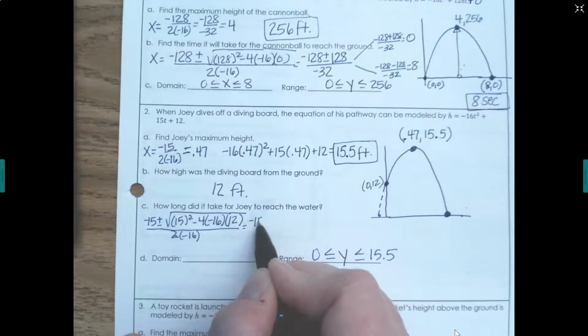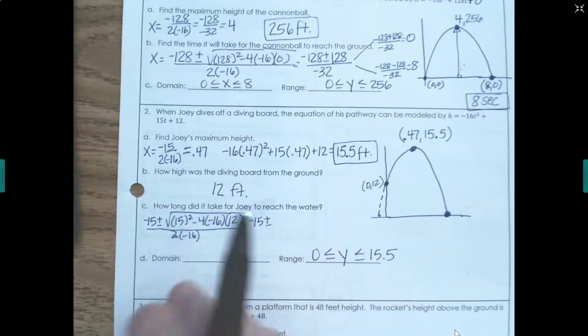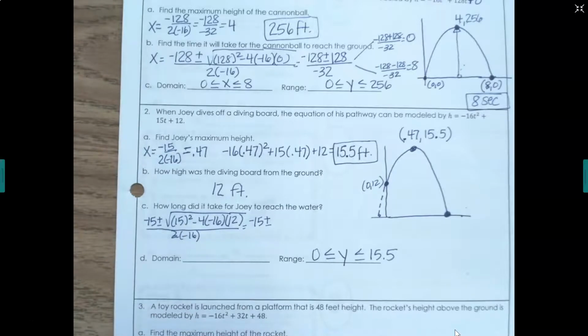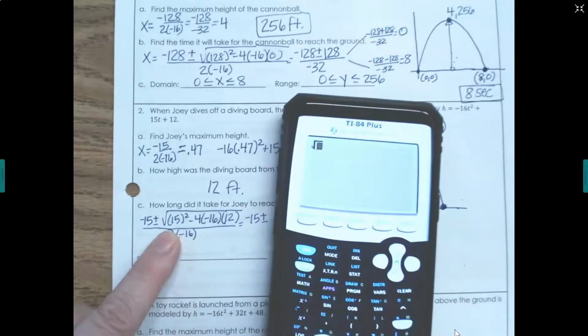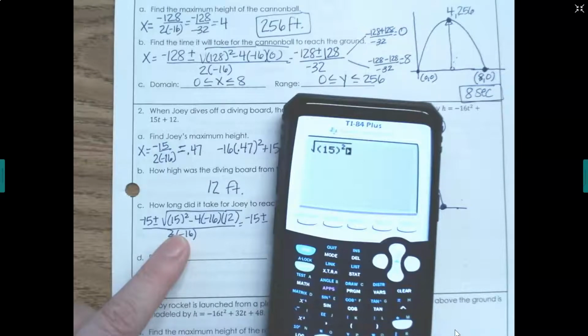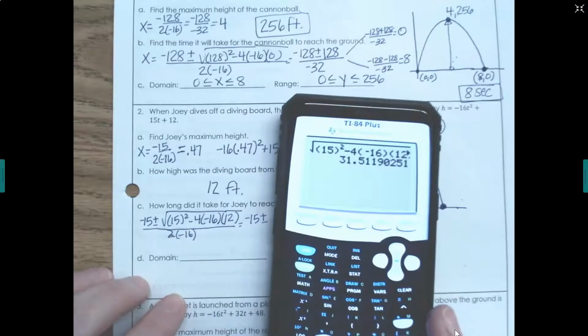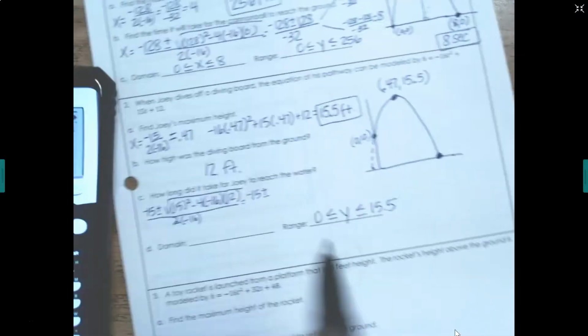So I have negative 15 plus or minus. Let's find out what that number is going to be. So we'll grab our calculator, and we're going to put the whole thing in. We're going to say the square root of 15 squared minus 4 times a times c, and that number is 31.51. Well, we don't need the whole decimal, so we'll go with 31.51 on that.